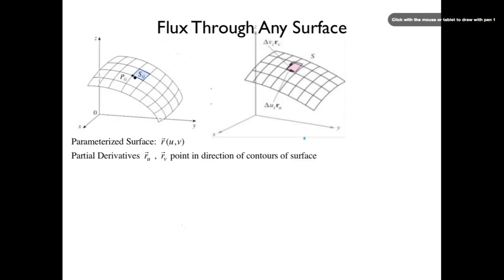So holding v fixed and changing u, we know that the tangent is the partial with respect to u, right? So if our parameterized surface is r, then that vector is the tangent vector for fixed v. So that'd be the partial of r with respect to u, right?